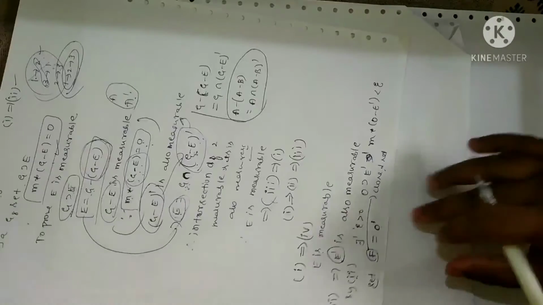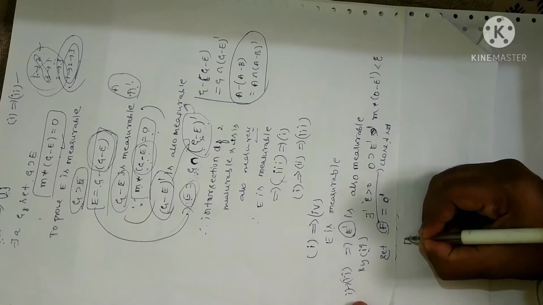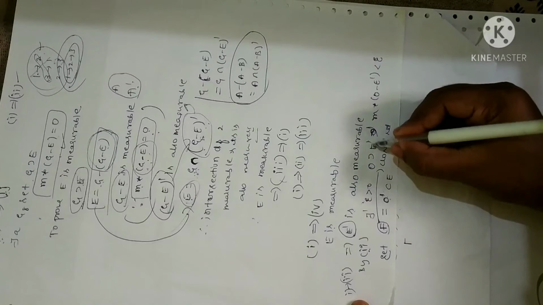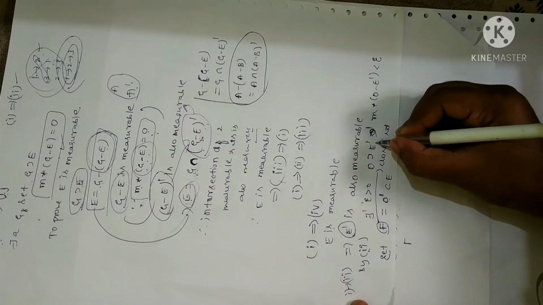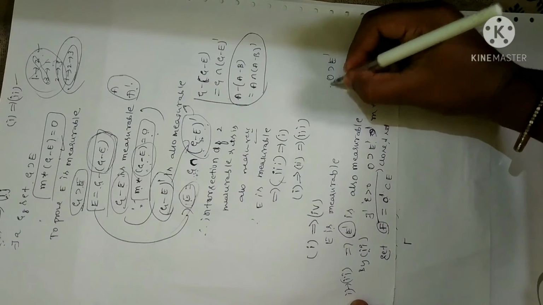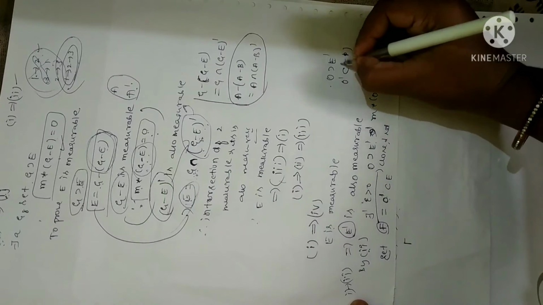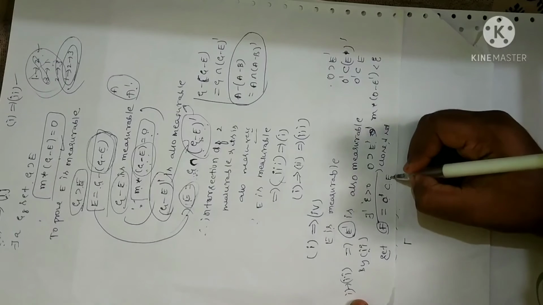So if that was the case, again O complement is contained in E, right? Why? Because if E complement is contained in O, if you take the complement, O complement will be contained in E complement's complement. That will give us O complement is contained in E. So that is how I have written this.